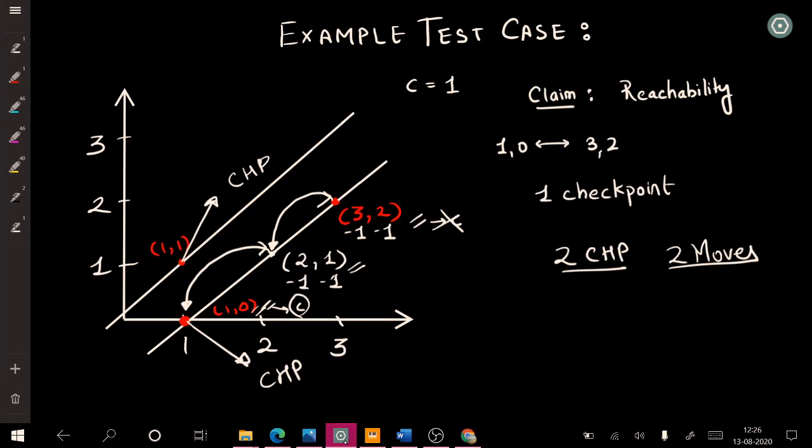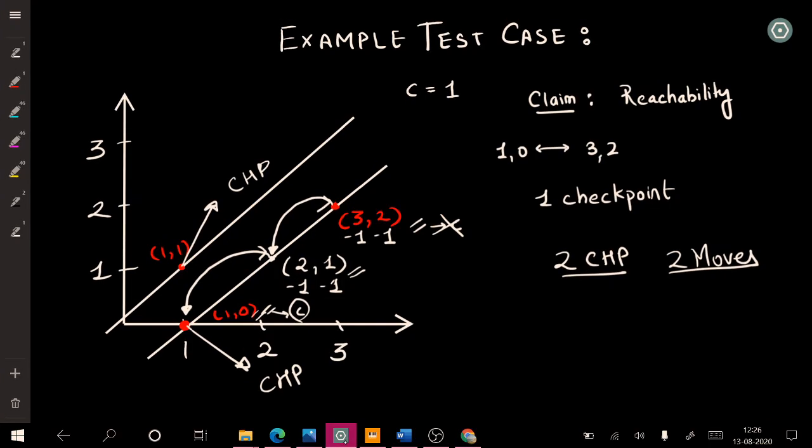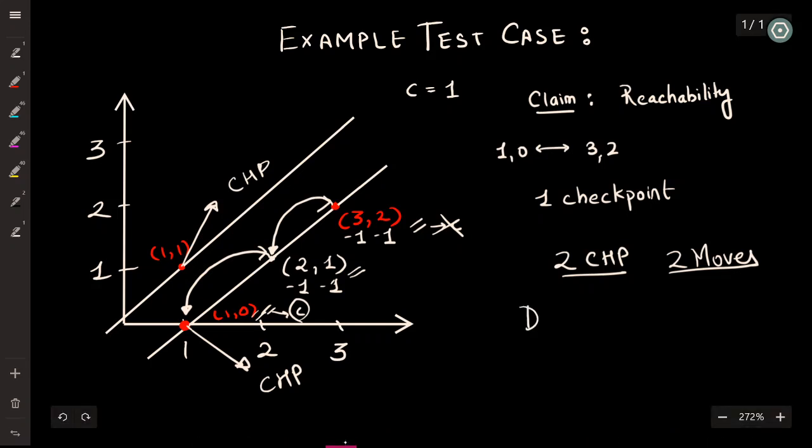So let's expand upon how we're going to define the term reachability and how we are going to decide whether one point is reachable from another or not. So let's take a look at this move. Firstly, in order to solve this question, we have to see what kind of move this is. So I'm going to call this move a diagonal move. Why is that?